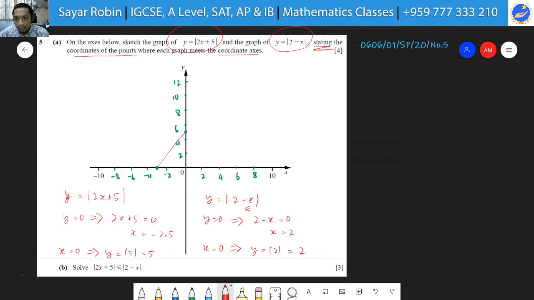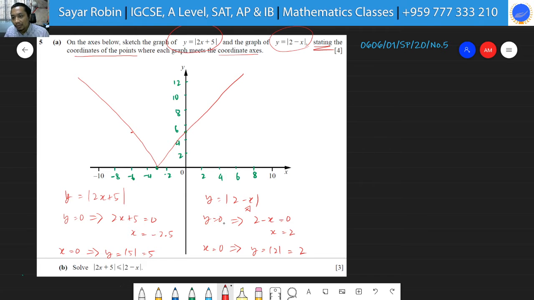You have to draw using a ruler, and this is symmetric. Symmetric means negative 2.5, and this one also negative 2.5. So this point must pass through negative 6 comma 5. Right, therefore we are going to connect like this. This is for the first function, y is equal to modulus of 2x plus 5.